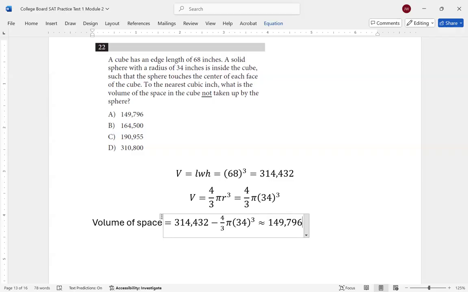And that would be in cubic inches. Again, that's the rounded version. You get a long decimal. And so that is option A. So option A is the answer to 22.